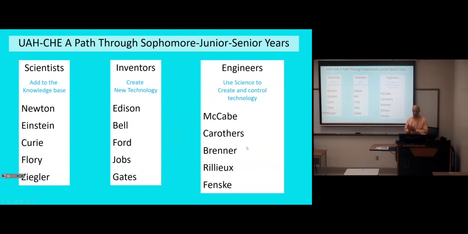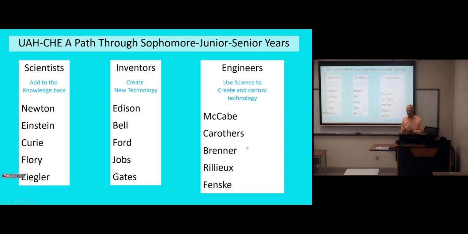Okay. So if we look at scientists, and you've looked at all of these historically, some of these names you'll recognize, some you may not totally recognize: Newton, Einstein, Curie, Fleury, and Ziegler. These two are associated with catalysts, things that we use for polymer production.